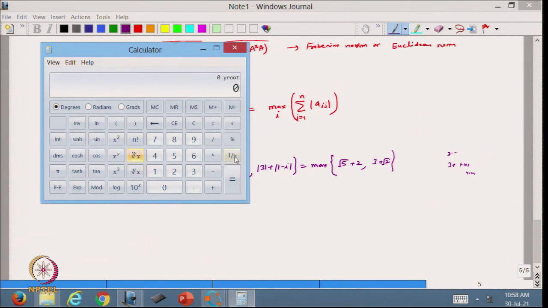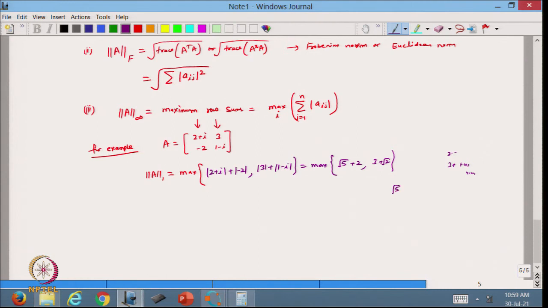Now, root 5 is 2.236 and root 2 I know is 1.414.